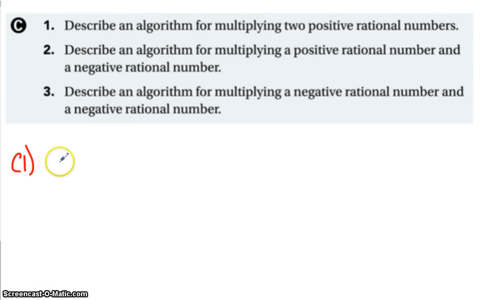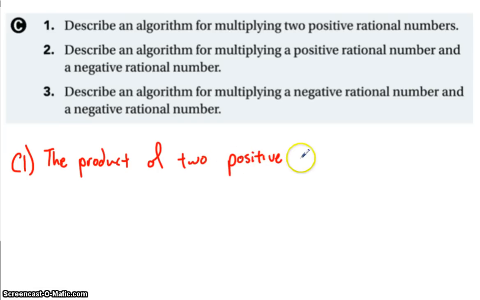So let's just simply state that when we multiply two rational numbers, that number would be a product, so that the product of two positive rational numbers is positive.